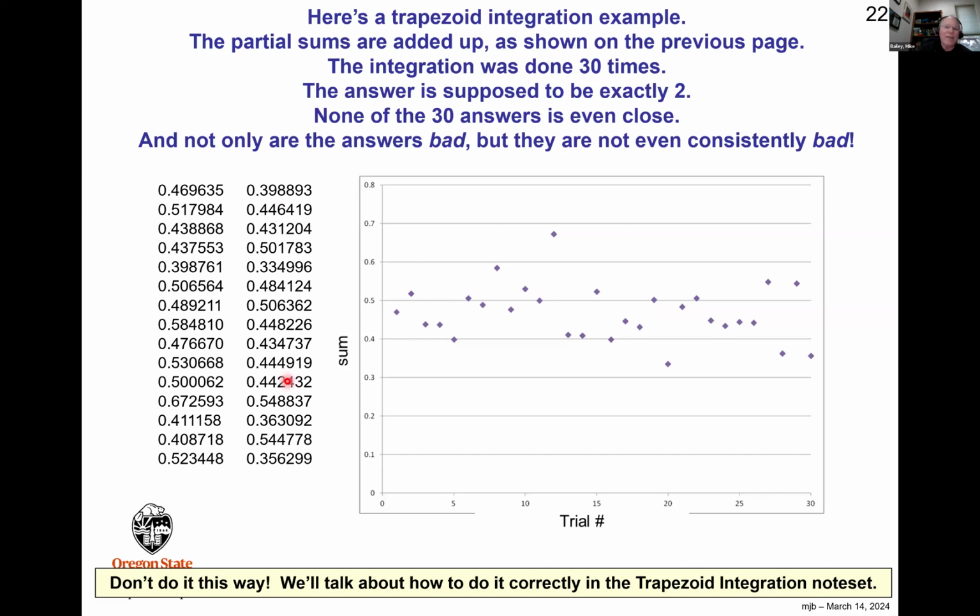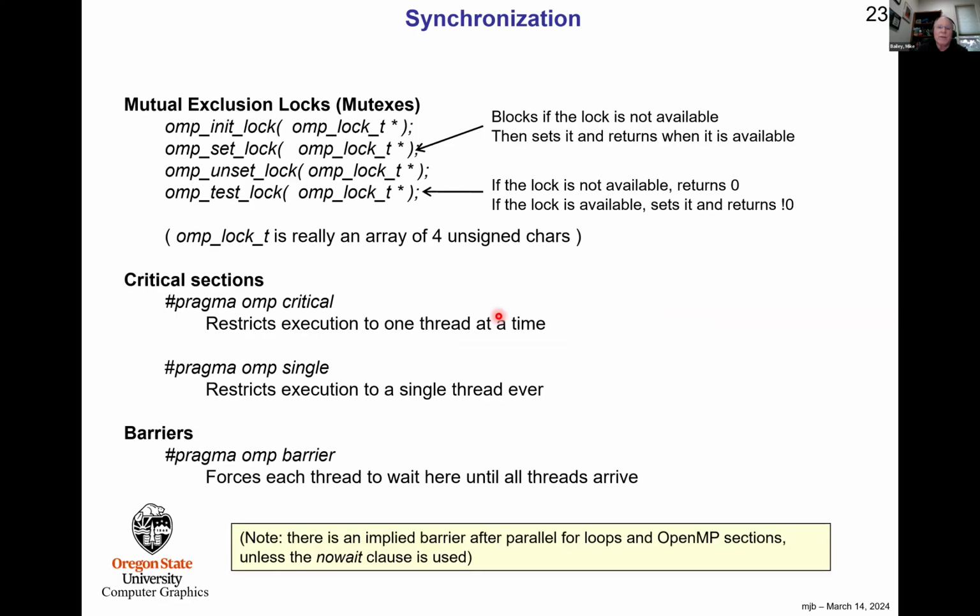Well, I got 30 different answers. And notice the answer should be 2.0, but these are bad answers and they're not even consistently bad. They're bad all over the place like that. So yes, definitely you want to take a look at the trapezoid note set because it talks about how to actually do this so that you get the right answer.